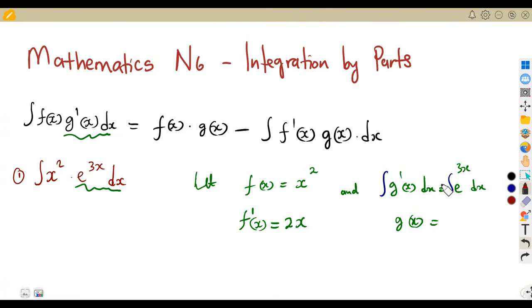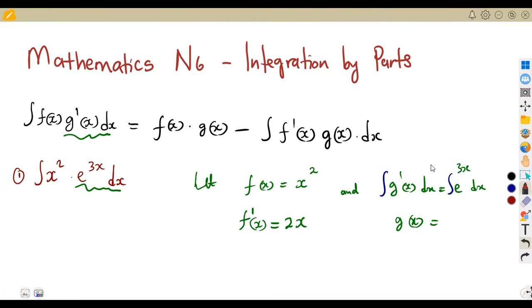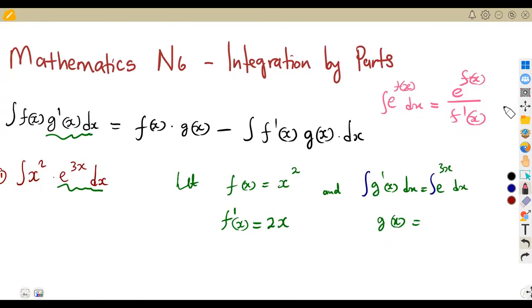When it is e, let's just say it this way: the integral of e to the exponent of f of x with respect to x is equal to e to the exponent of f of x over the first derivative with respect to x. That is how we can integrate e, all right?